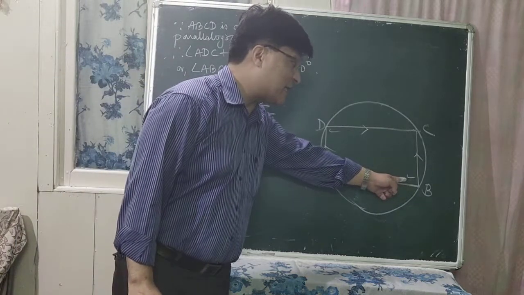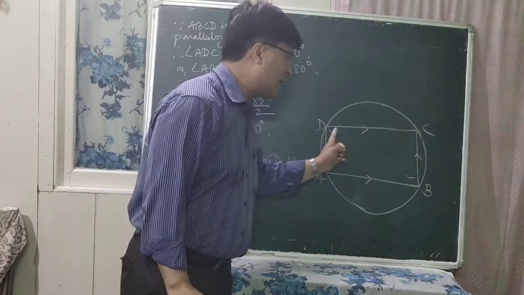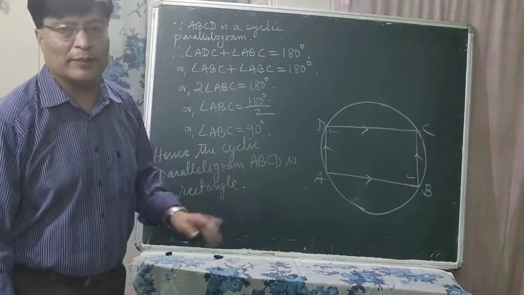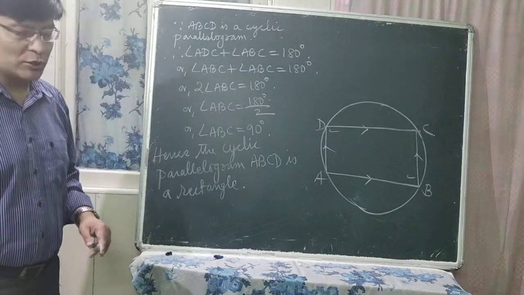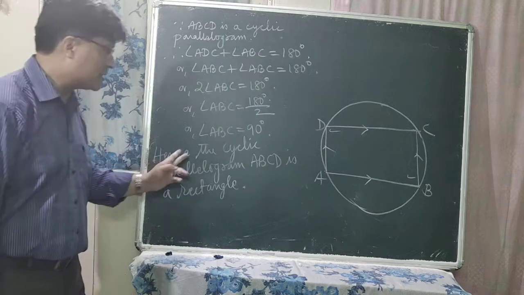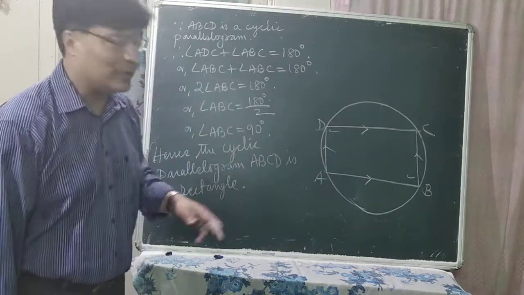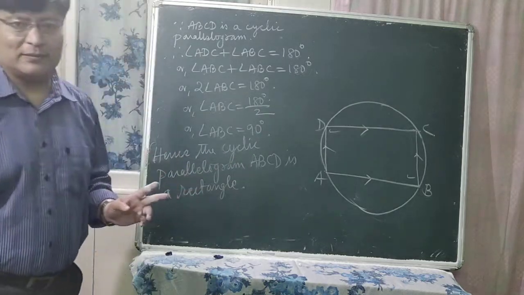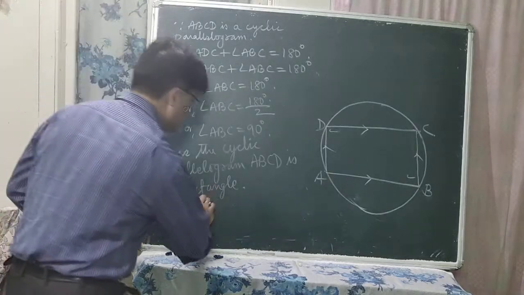If one of the angles is 90 degrees, automatically all the angles will be 90 degrees. So if one of the angles of the cyclic parallelogram is 90 degrees, then the cyclic parallelogram ABCD is a rectangle. Is that clear? So it is proved.